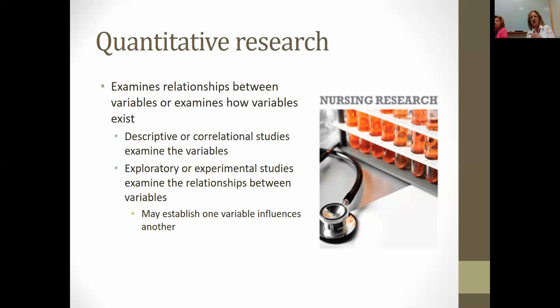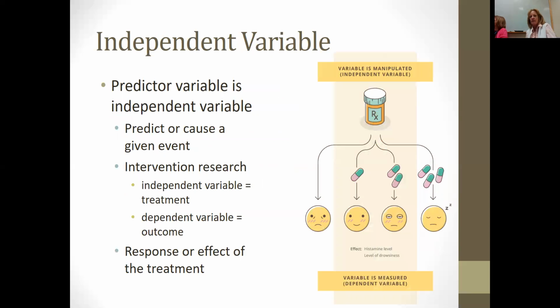And that can be your predictor, or it can be your outcome studies with interventions. So we already said the independent variable is either a predictor variable. It predicts or causes something to happen. And so an independent variable in intervention research is treatment, and dependent is outcome. So you think about a response or effect of the treatment.